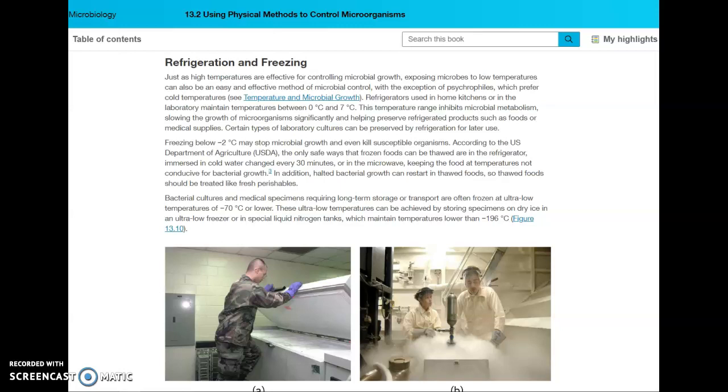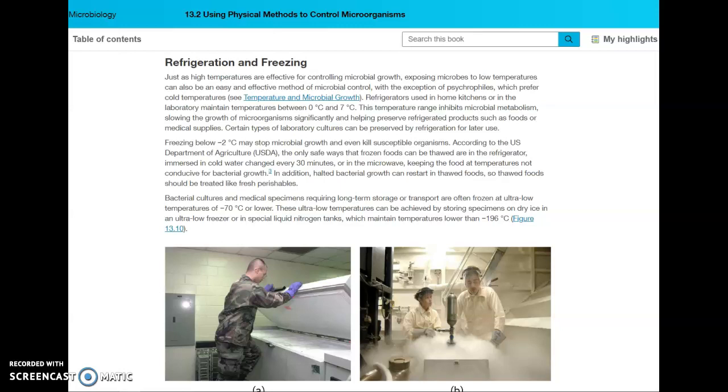And so you think about thawing, you should only thaw things in the refrigerator or in cold water or in the microwave. Just sticking something that's frozen in the refrigerator and then letting it completely thaw out, that may not have killed everything that's in there, and that bacteria can start growing again.